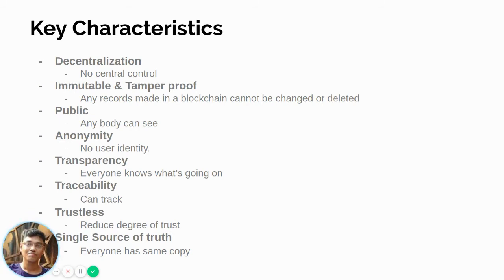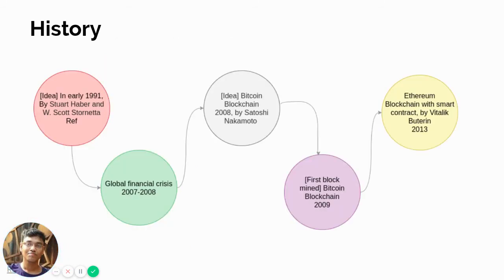The last point is single source of truth, meaning that all of the computers in the network will have the same data. The data gets replicated across the network, which means no matter which node you ask for the data, you will get the same data. Every node will provide you the same data. That is the meaning of single source of truth.